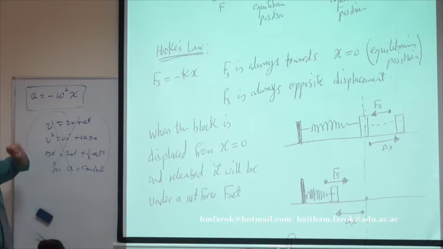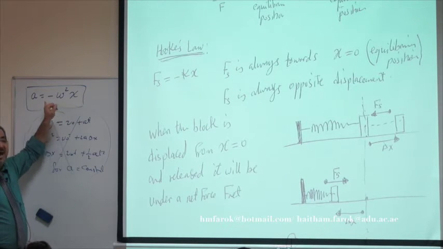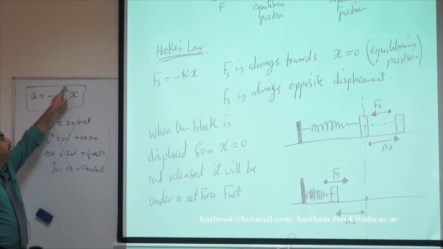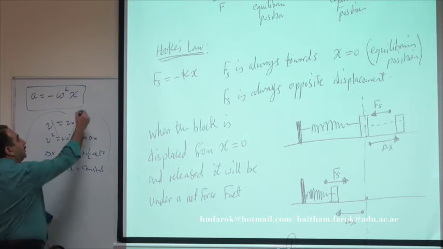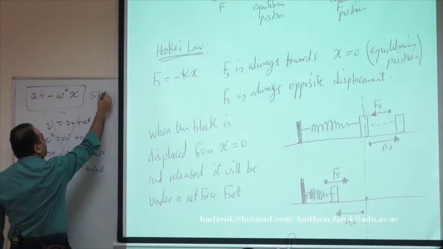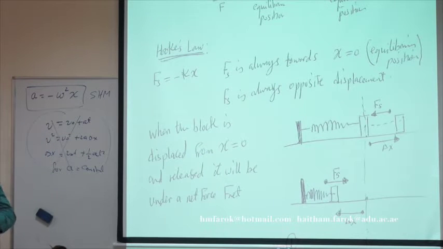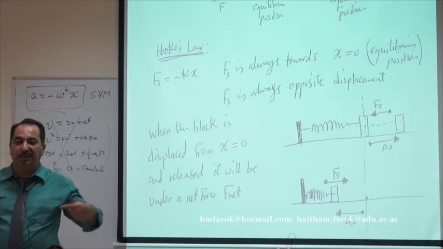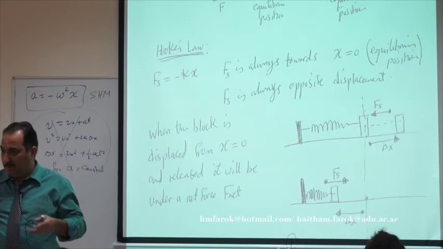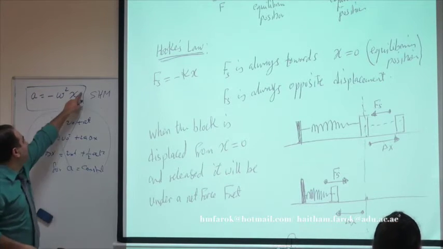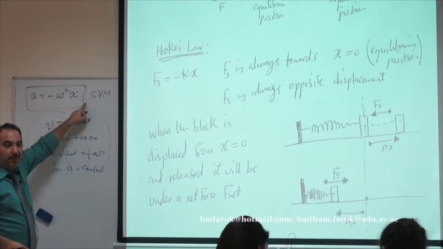Now, whenever you see an oscillation following this equation, that acceleration is minus a constant times the position of the spring, we call the motion simple harmonic. So in simple harmonic motion, you have the acceleration and position opposite and directly proportional. Directly one to one.